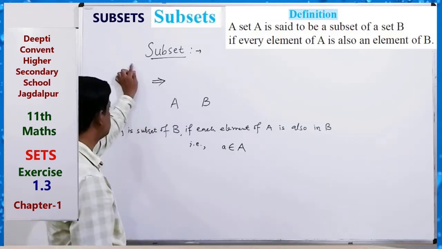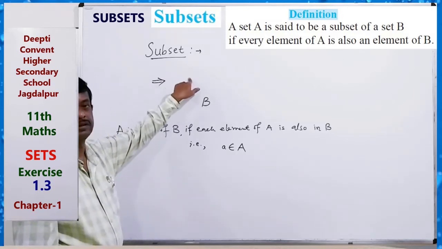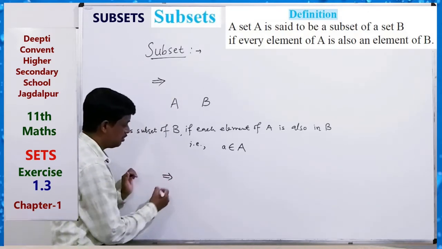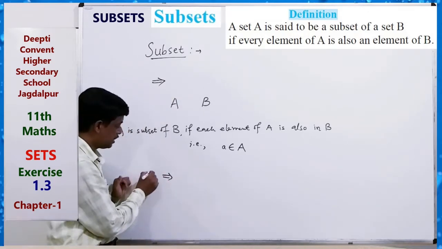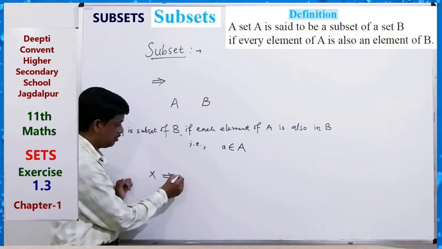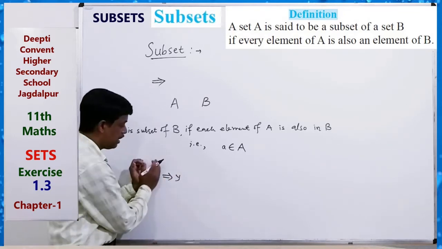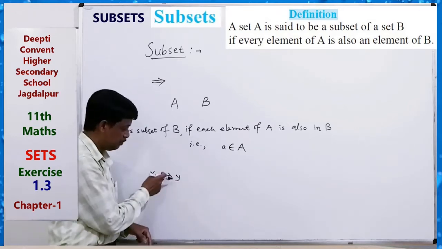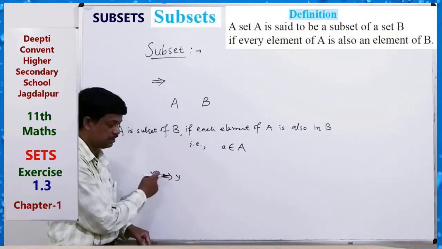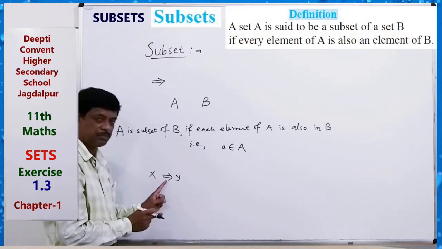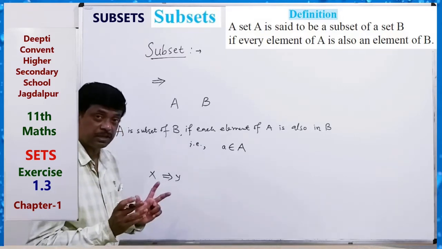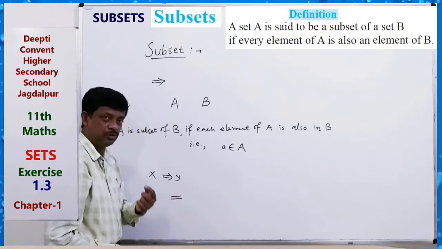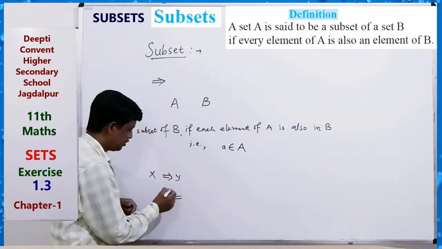This symbol says, suppose here X, then Y. That means if X, then we can get Y. This implies one-sided implication. Both-sided implication, two-way implication.